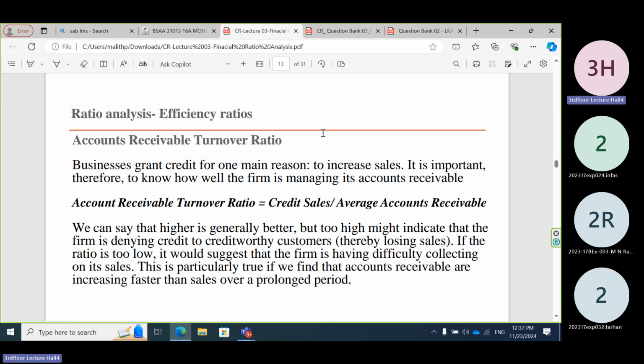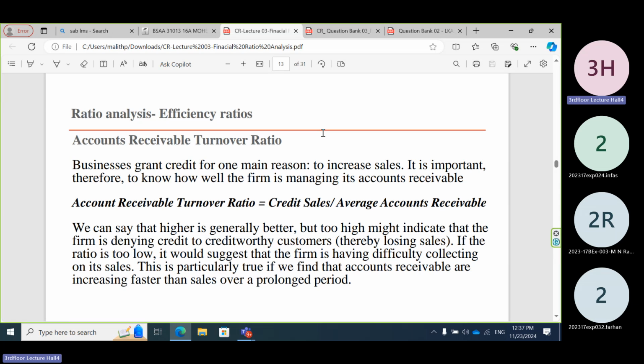It means within a period, how many times, what's the frequency we did our sales, we compare with the receivable. We have a receivable balance. So average receivable may be 100. Then we compare it to this 100 receivable item. During the period, we have 1,000 credit sales.